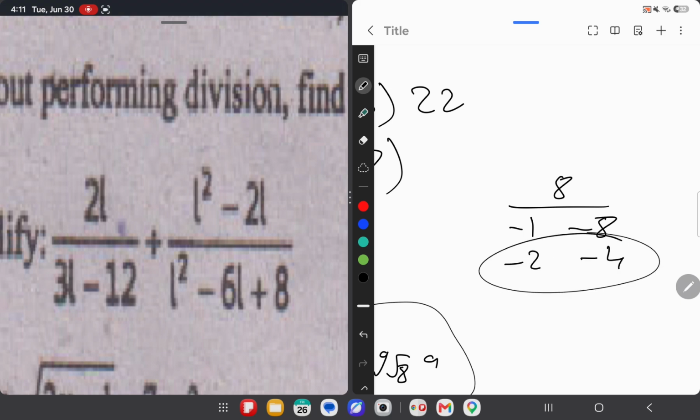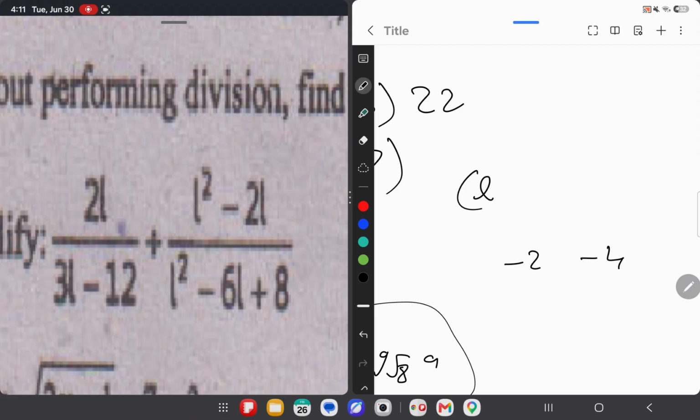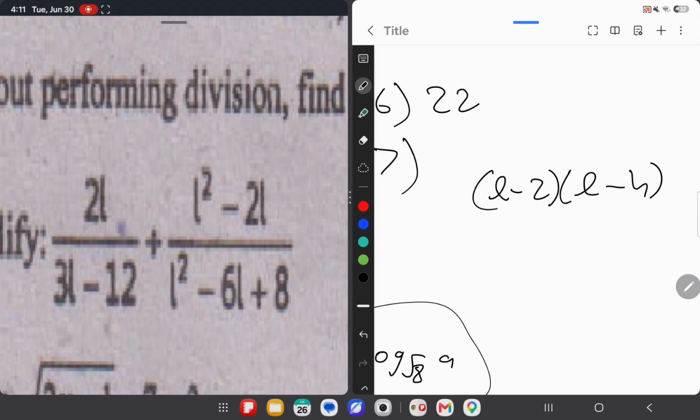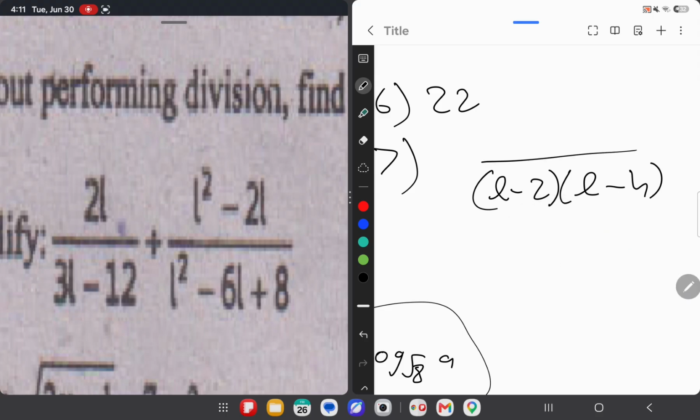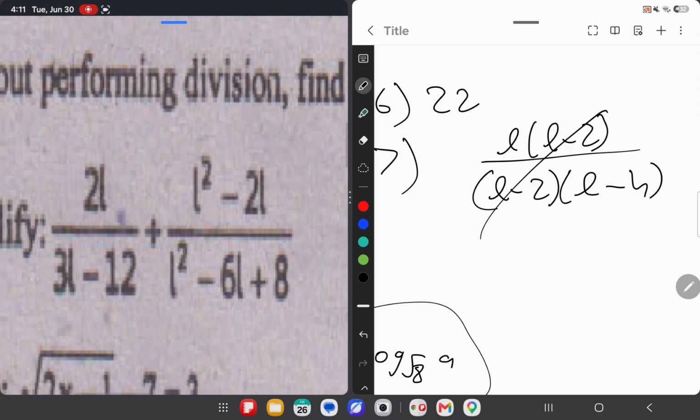This gives us negative 6. So L can become L minus 2, L minus 4 in the denominator, and on the top you get L minus 2. So immediately we simplify this.